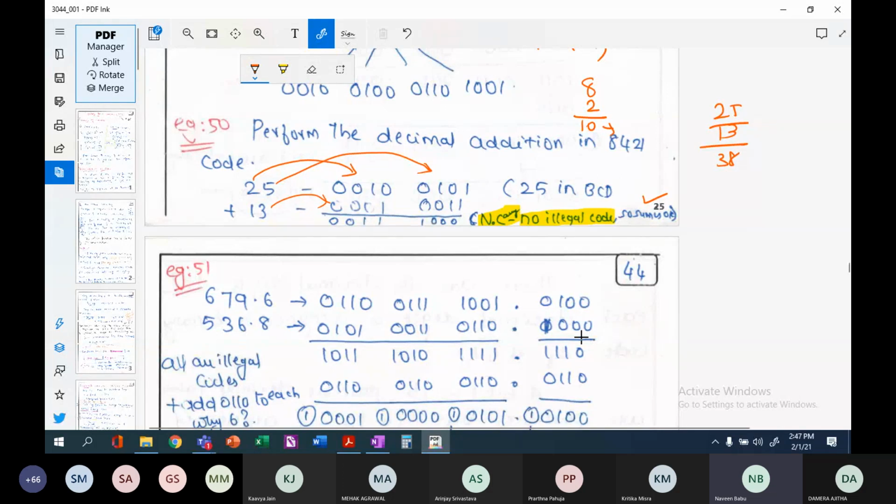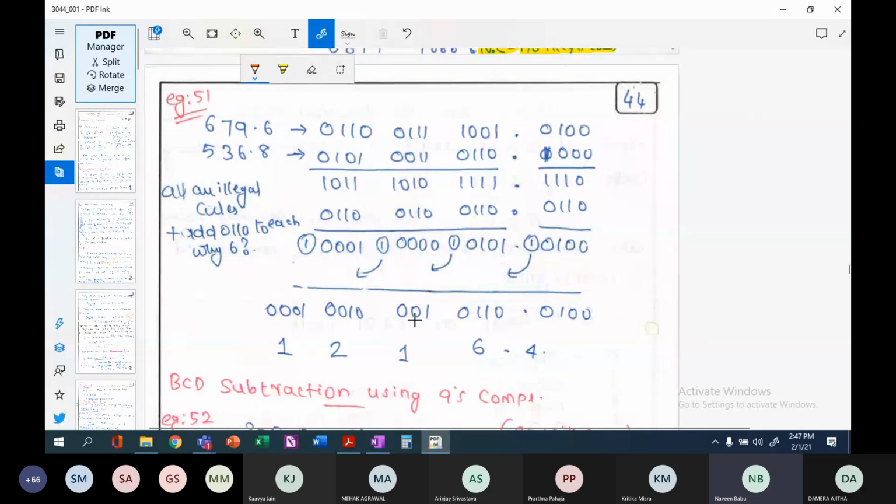Now let us perform one more addition here. Now here comes the problem. I'm going to perform 679.6 and 536.8. I'm going to add these two things in BCD. I'm going to perform a BCD addition.